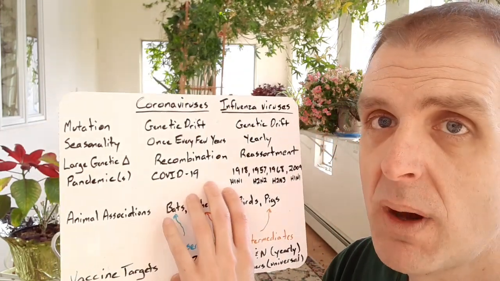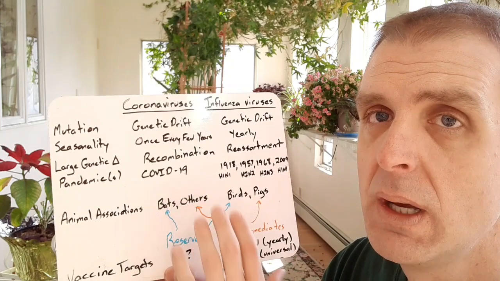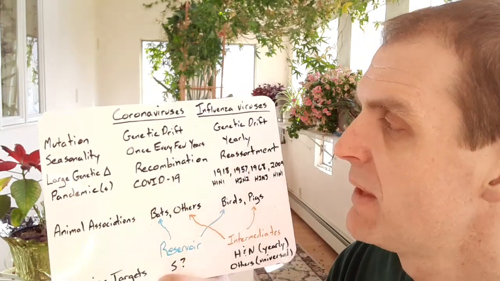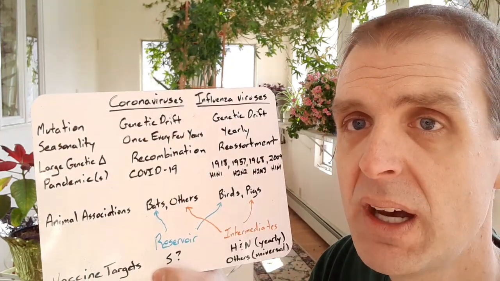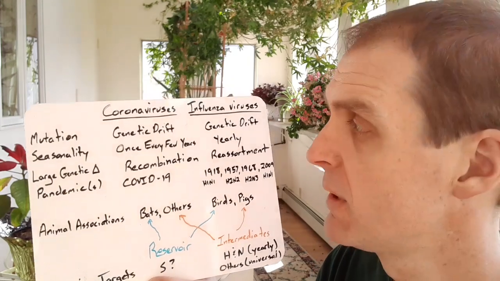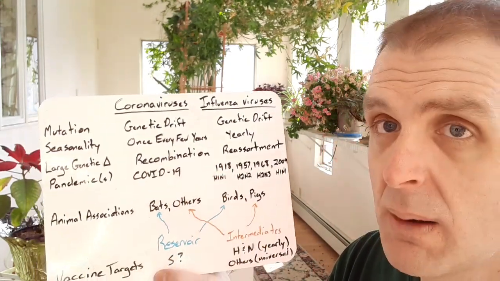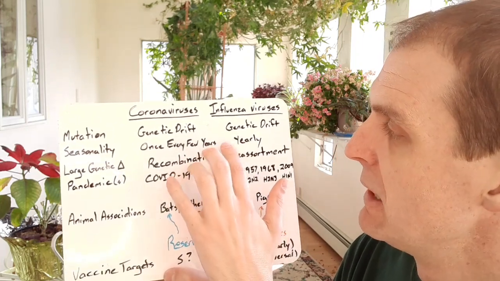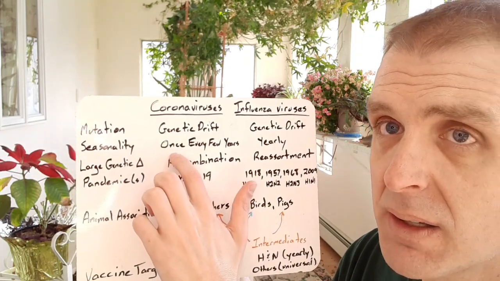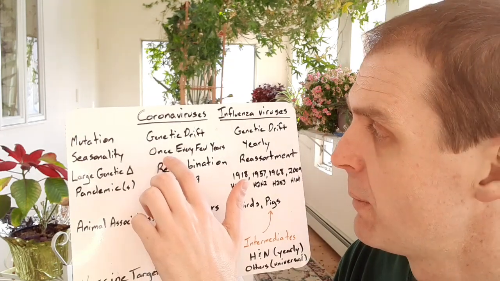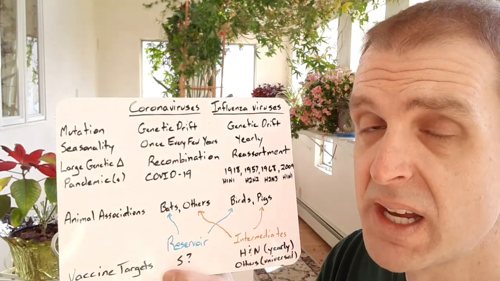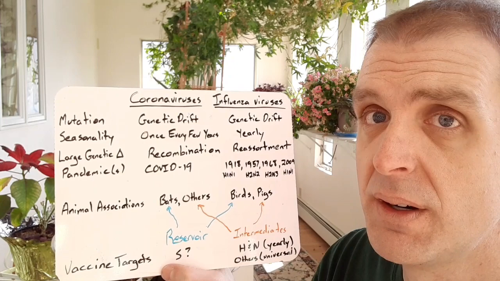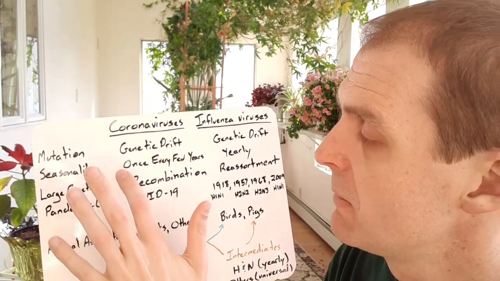And by the time our winter rolls back around, the virus has mutated enough that then we can have new strains that are able to infect people and get by the immune memory that most people have built up. Okay, so it just takes coronaviruses a little bit longer to go from one to the next. Now, is that true for SARS-CoV? We don't know. CoV-2? We don't know yet. We'll have to see.